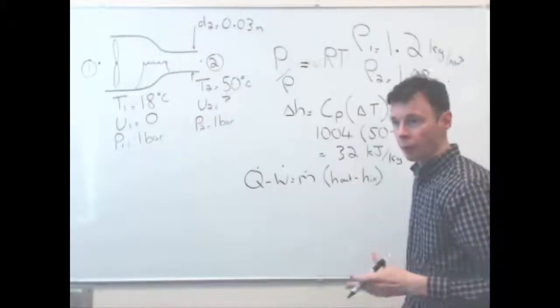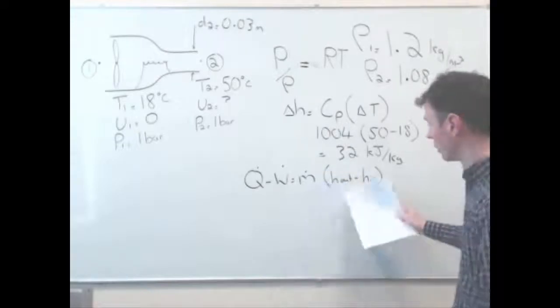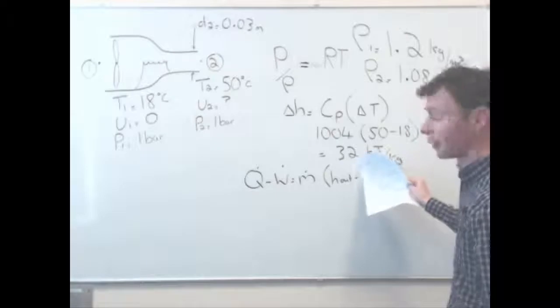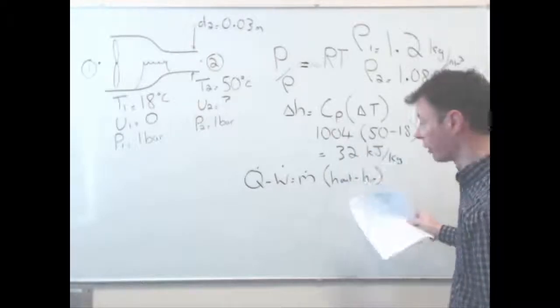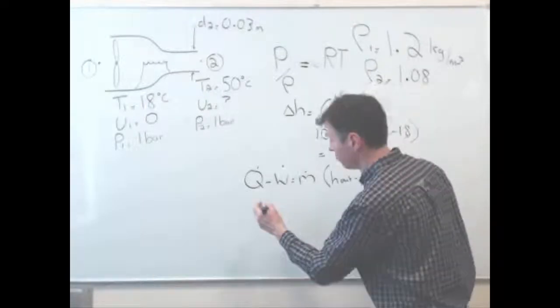Okay, so the steady flow energy equation simplifies to this. Q minus W equals the mass flow rate times the change in enthalpy. We've already worked that out as 32 kilojoules per kilogram. Now plug in the numbers.